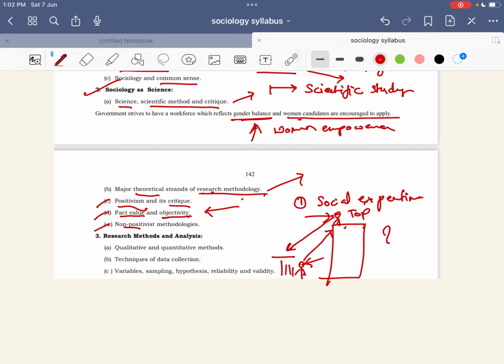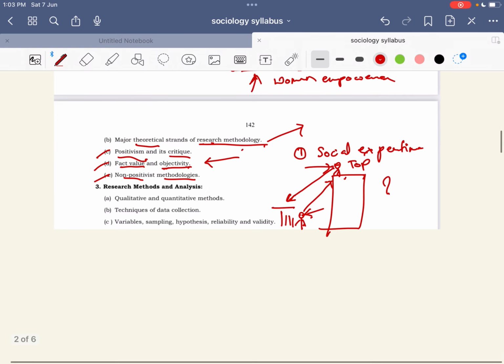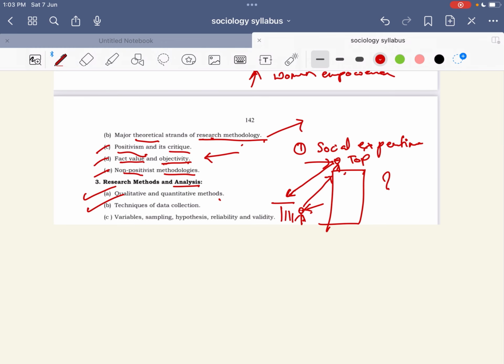And then there is the non-positivist methodology, which we are also going to see. Then there are research methods and analysis, then quantitative and qualitative methods. These are the research methods which we devise to study the society. Then there are techniques of data collection, because whatever truth we arrive at in society is based on some data.